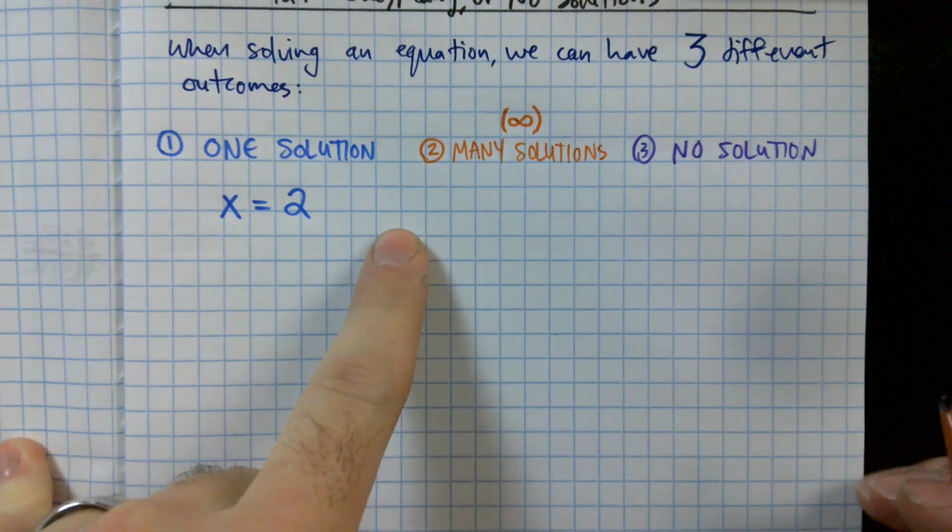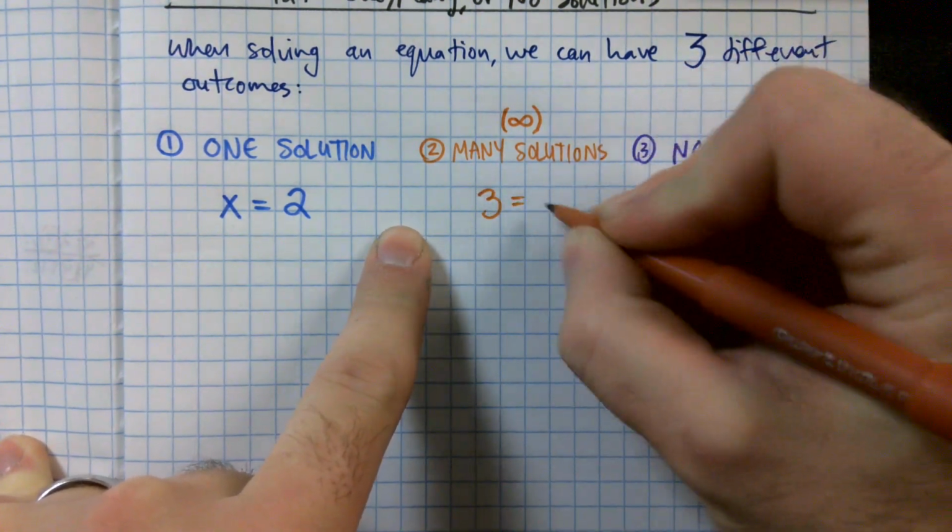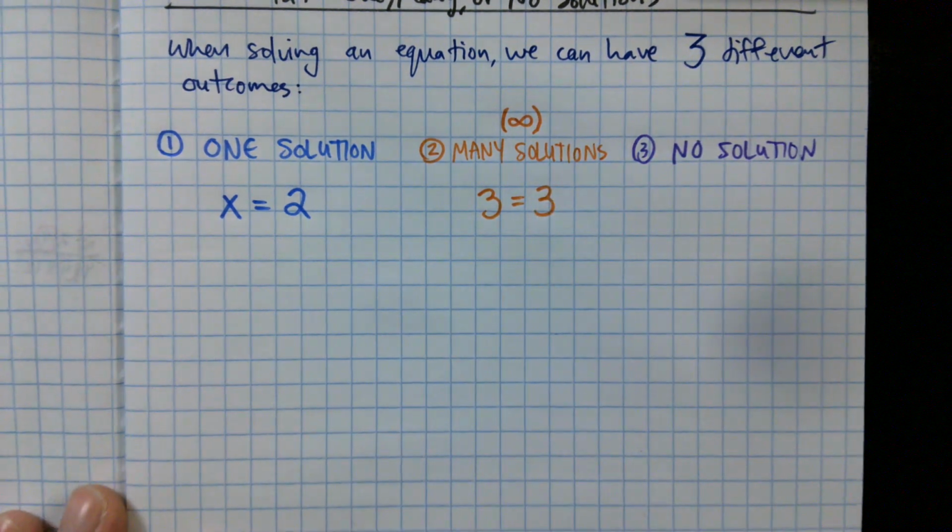We know that we have many solutions when we see something at the end like this: 3 equals 3.